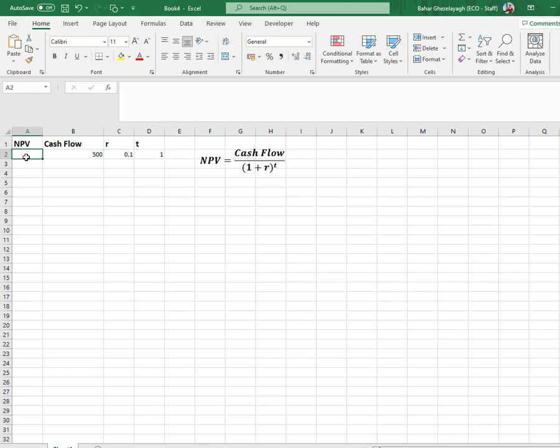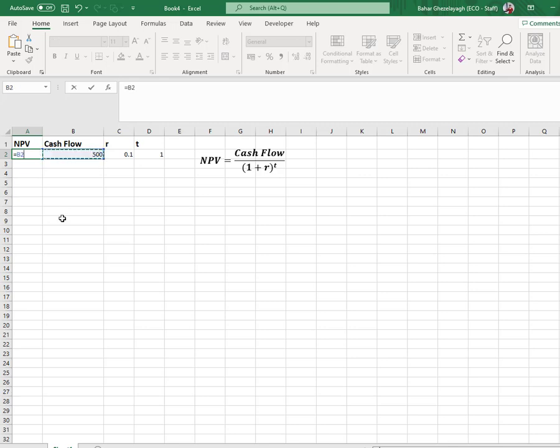So for calculating the net present value, in Excel, whenever you want to calculate a formula, we start with equals. Now I need to replicate what I see on the right hand side of this equation. So it's the cash flow. So I move the cursor and I select the cash flow.